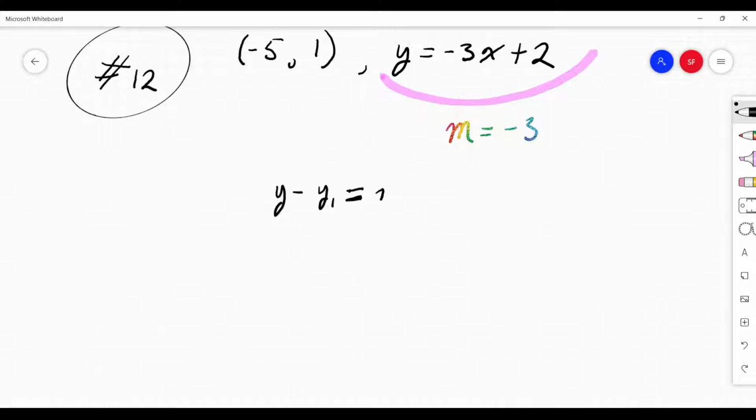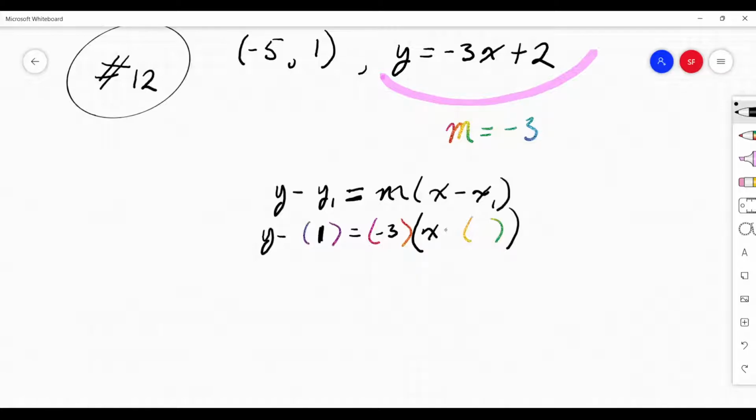Equals m times x minus x1? Sure. So we need to plug in something here, here, and here. Now, 1 is correct. Now, what are we going to plug in right here? -3. Watch those signs. That's where the mistake is going to happen.